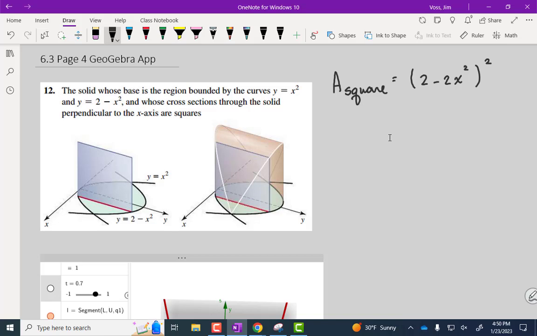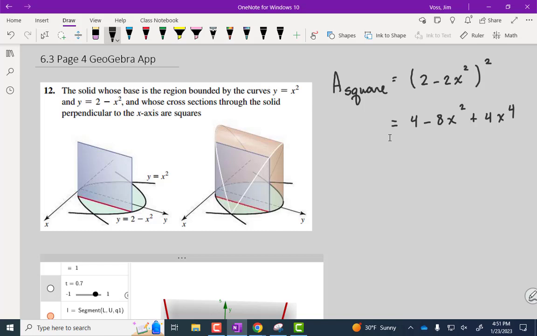So the area of a square, base times height, both base and height are 2 minus 2x squared. And then we FOIL this out. So that gives us the area of our square as a function of x. So as we slide through that x interval, the square that sits above it has that area.